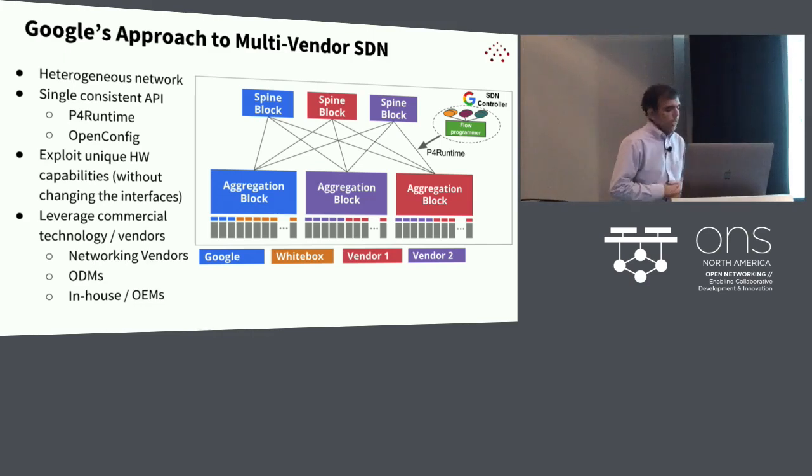So thank you, Brian. That leads us to some of the unique problems that we face in trying to deal with the network at Google. So how do we map this?